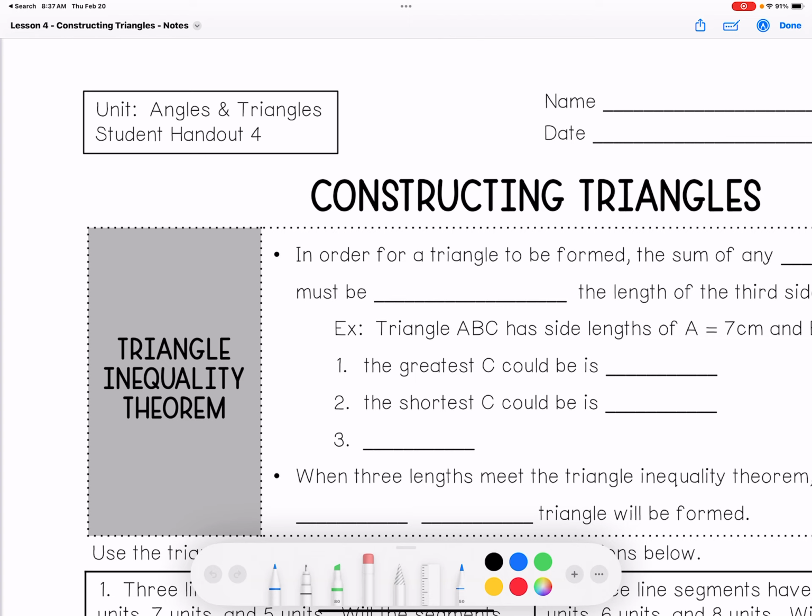You're in geometry, you're going to learn a lot of theorems. Well, today's the first one. It's called the triangle inequality theorem.